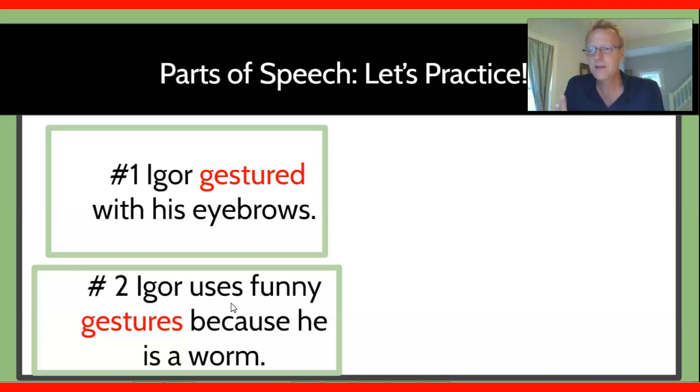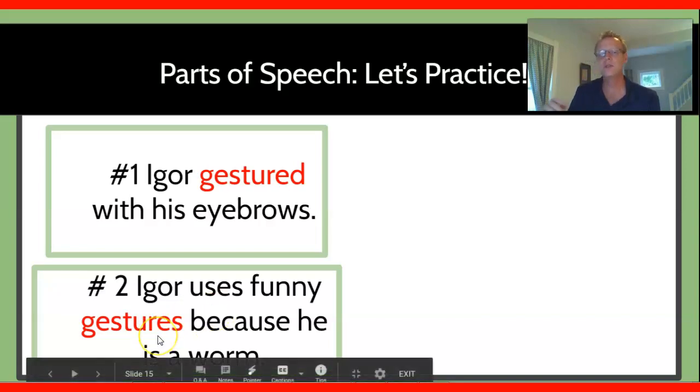That's funny. Okay, so funny is describing the kind of gestures. What describes a noun? An adjective does. So guess what? Funny is an adjective. Gestures is a noun. All right, friends. This is awesome.